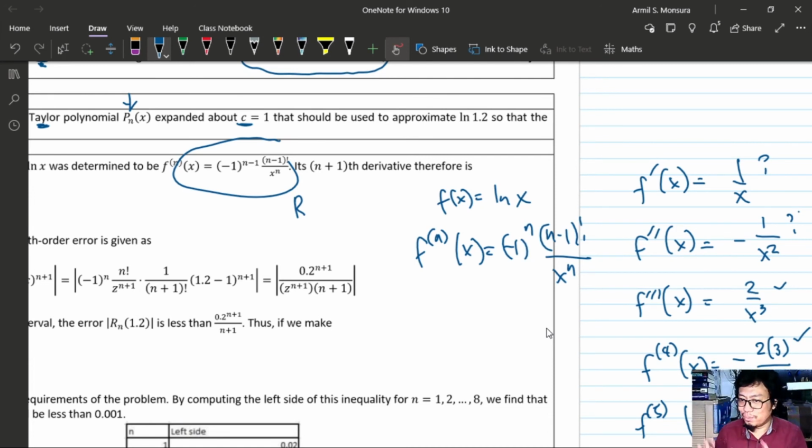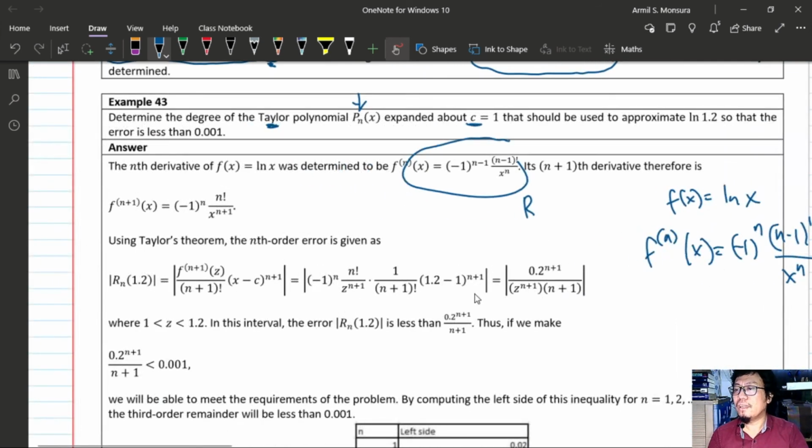We will do this more often. That is to discern patterns out of a certain set of derivatives, for example, or numbers. You need to get a pattern or a general term out of that.